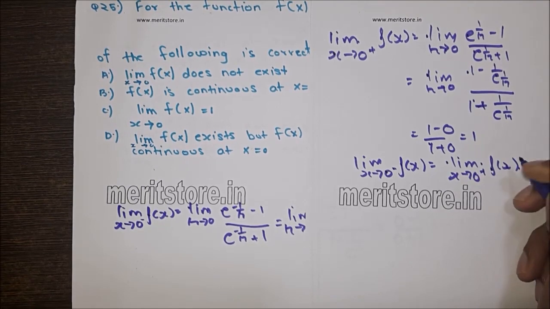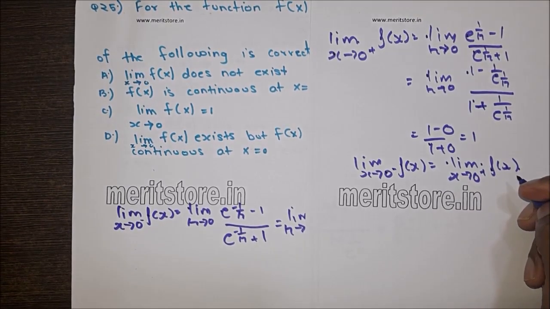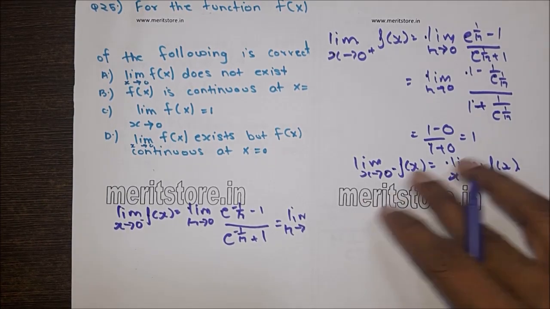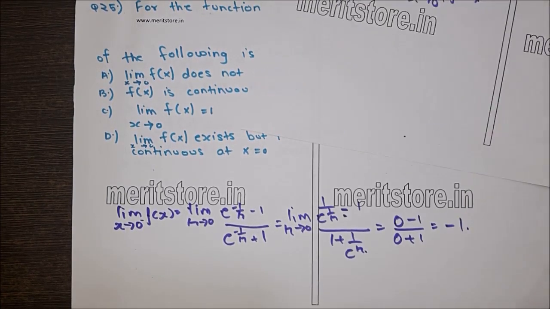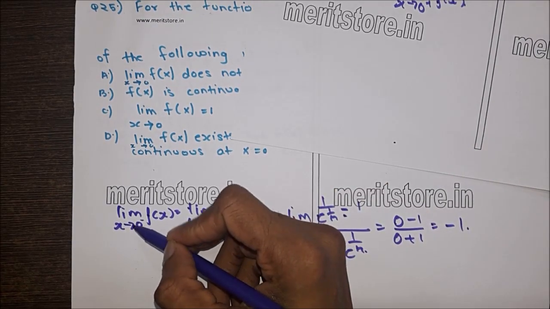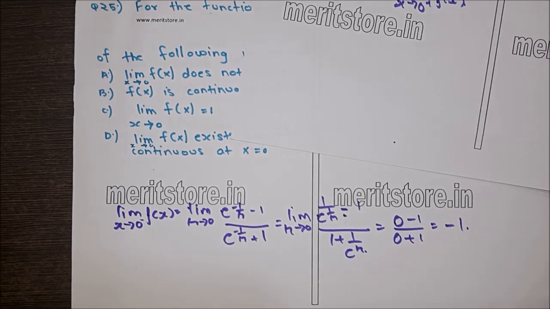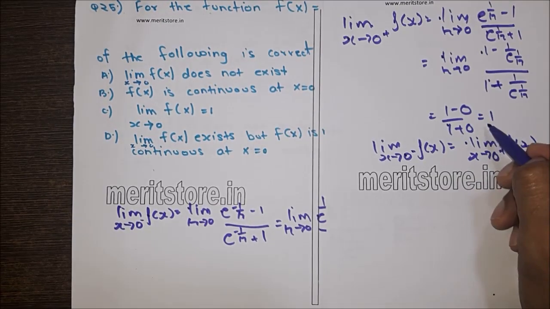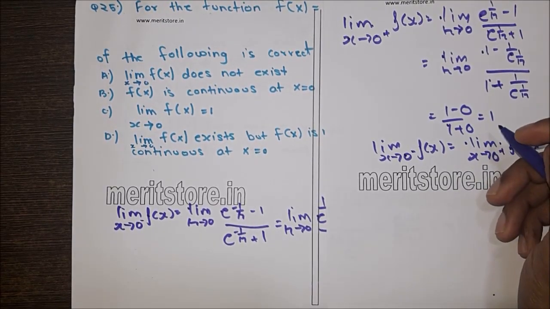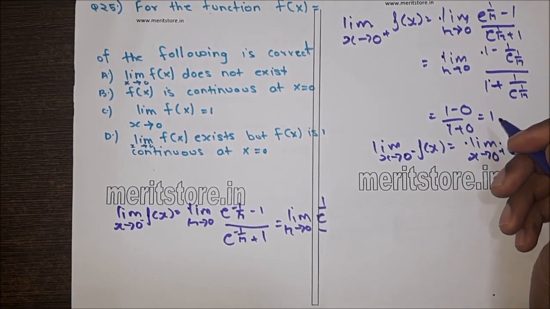So the limit of f(x) exists at x equal to 0, but f is not continuous at x equal to 0. The limit as x approaches 0 from the left hand side is equal to minus 1, and from the right hand side we get 1. So at x equal to 0, it is not continuous.